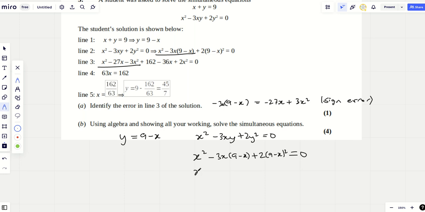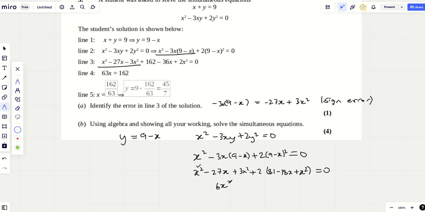Okay, multiply it out. x squared minus 27x plus 3x squared plus 2 times 81 minus 18x plus x squared. Let's simplify it all now. We've got x squared and a 2x squared, that makes a 3x squared, plus another 3x squared, that makes a 6x squared.